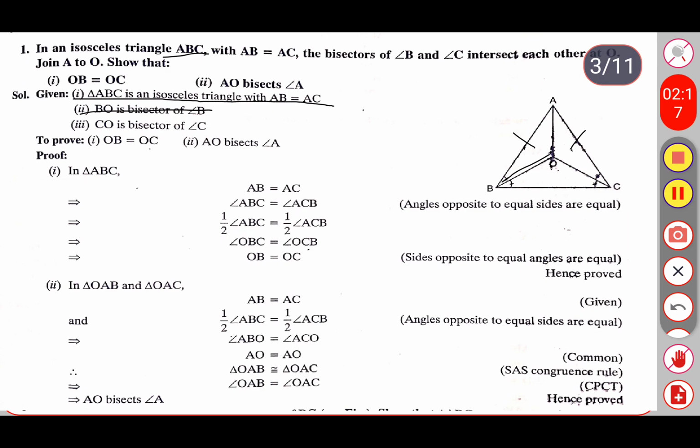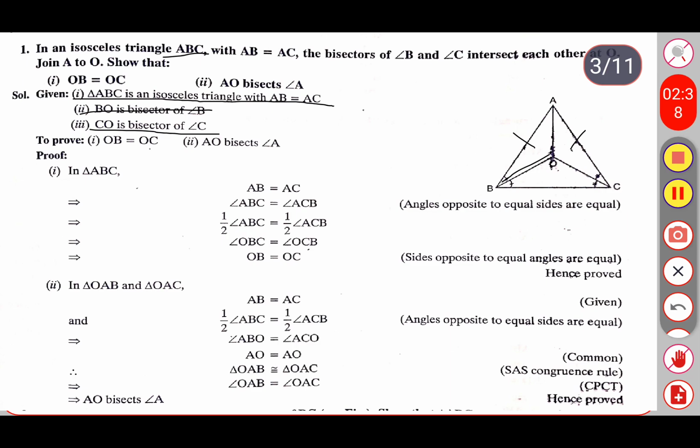And CO is a bisector of angle C. It means CO is one more bisector that bisects angle C into two equal parts.